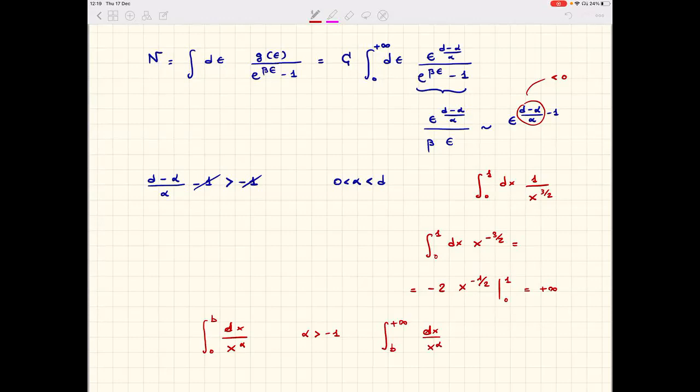So for large values of x, in this case, you require that alpha is smaller than -1. Okay? That's how it is.